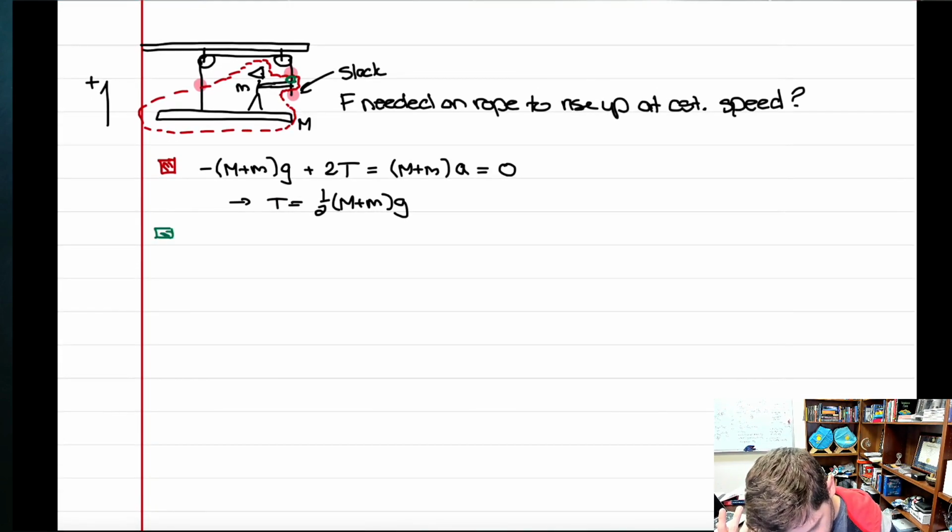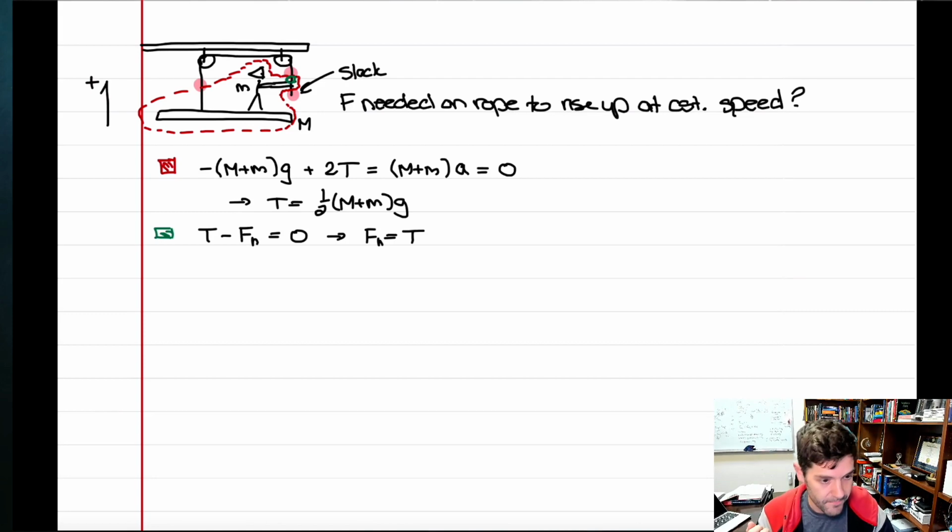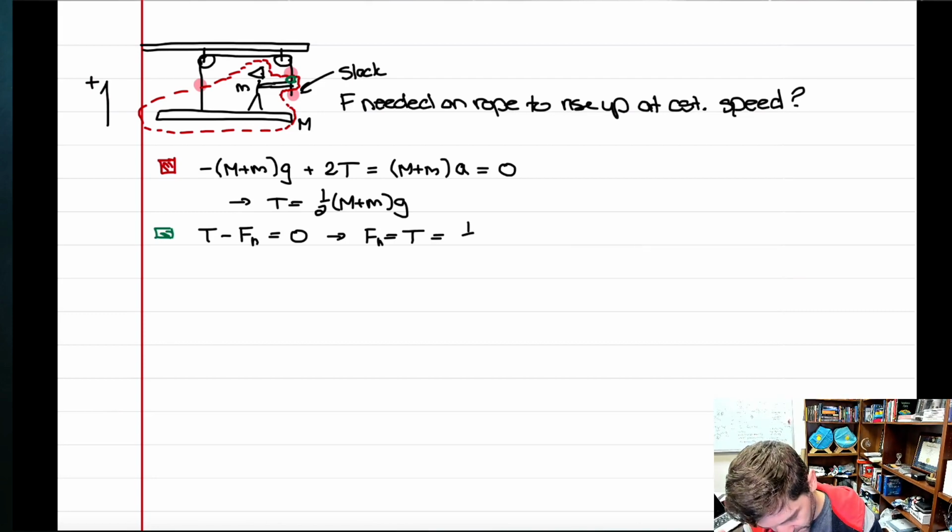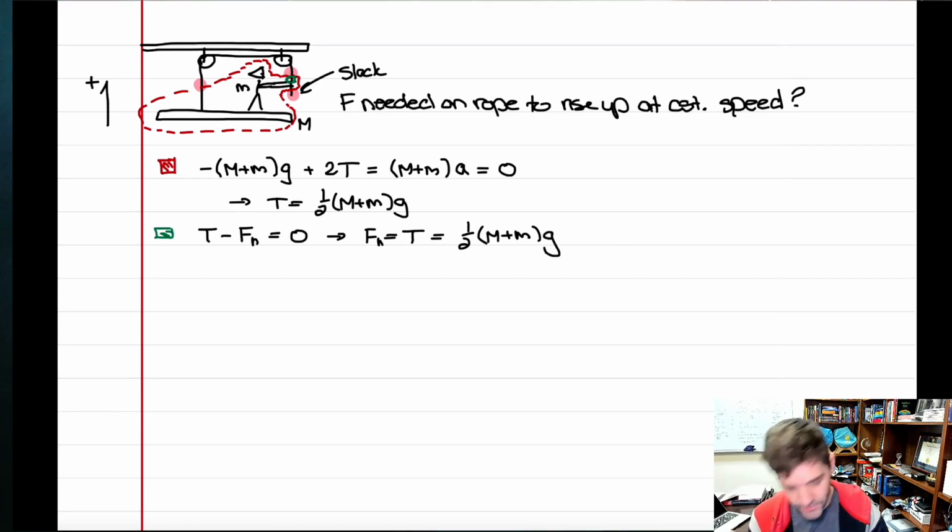And that is essentially all that is saying is that if I'm pulling, there's a tension, pulling on that little piece of rope and the force that I'm pulling down from my hand, and it's massless, so that better equal 0. Again, just saying that the force from my hand is what's establishing the tension. So that what force do I need to pull down on? 1/2 the sum of the masses times g.